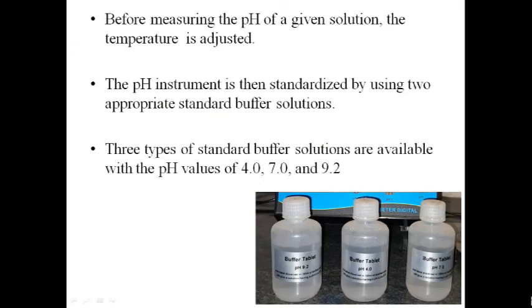Before measuring the pH of the given solution, the temperature is adjusted. Then the pH instrument is standardized by using standard buffer solutions. Three types of standard buffer solutions are available, with pH values of 4, 7 and 9.2.